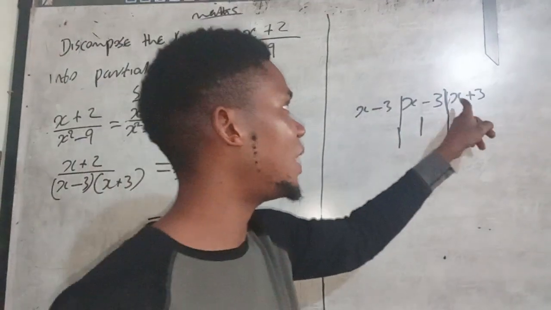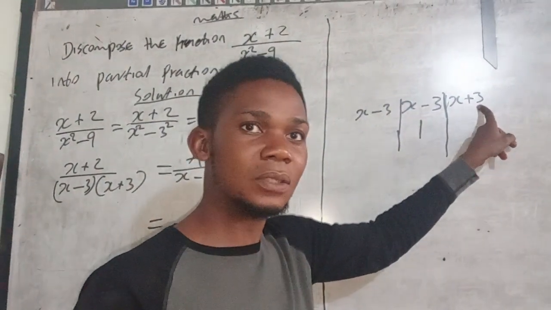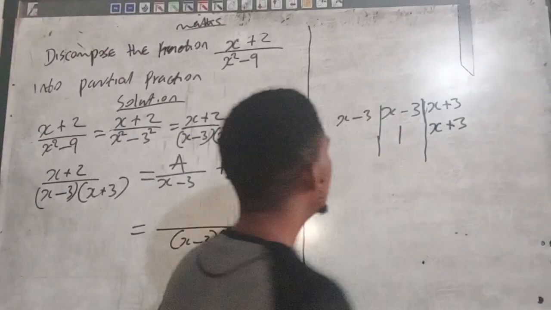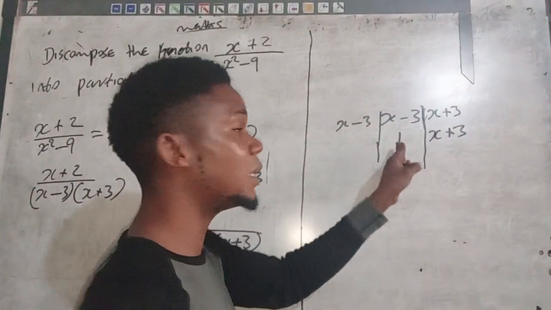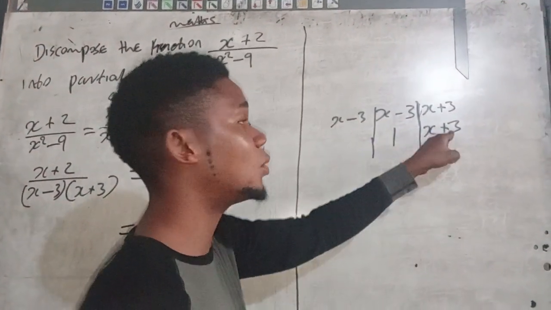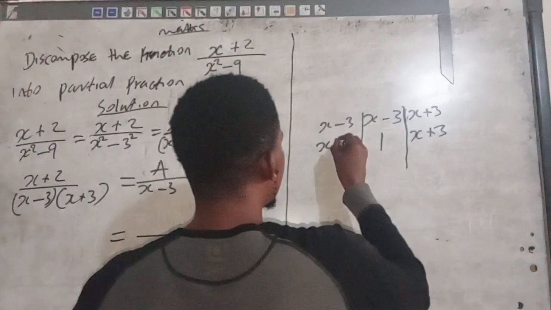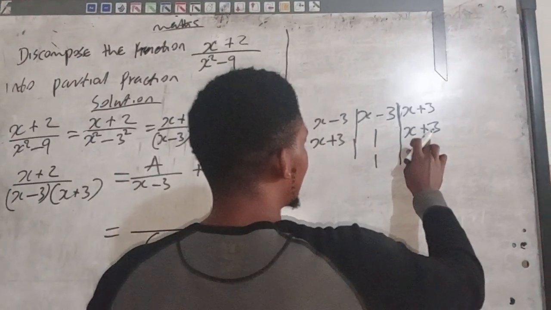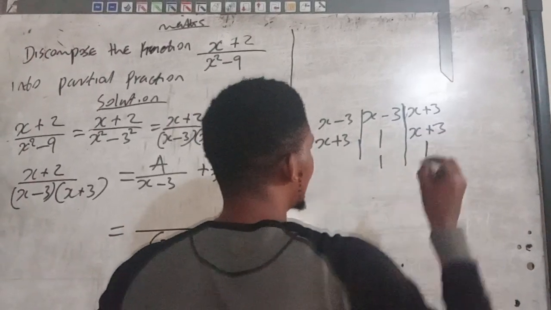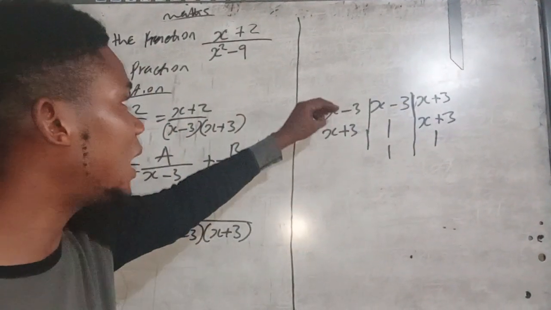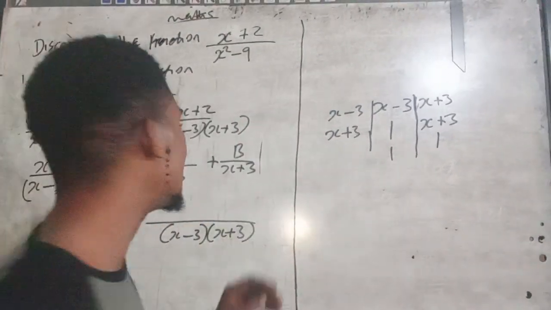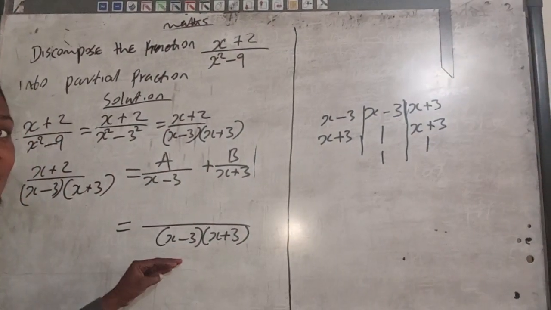X minus 3 divided into x plus 3 cannot go, so you just bring it down, x plus 3. You come again. The next one is x plus 3, and x plus 3 divided by x plus 3 gives us 1. So you bring out the ones outside and multiply them, which is the LCM. That is how I got the LCM.